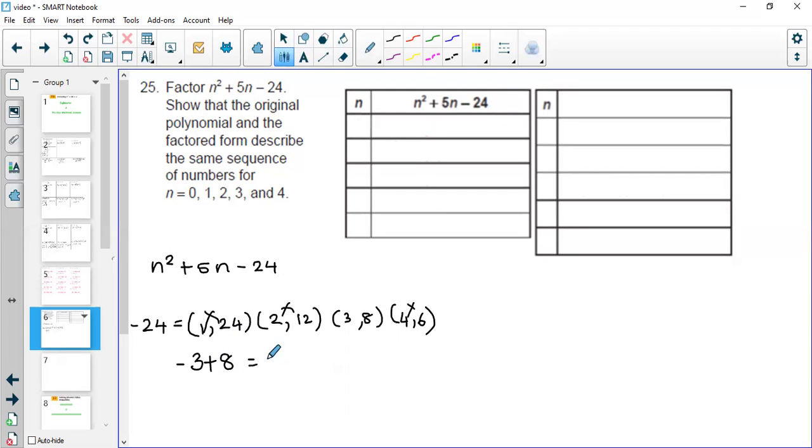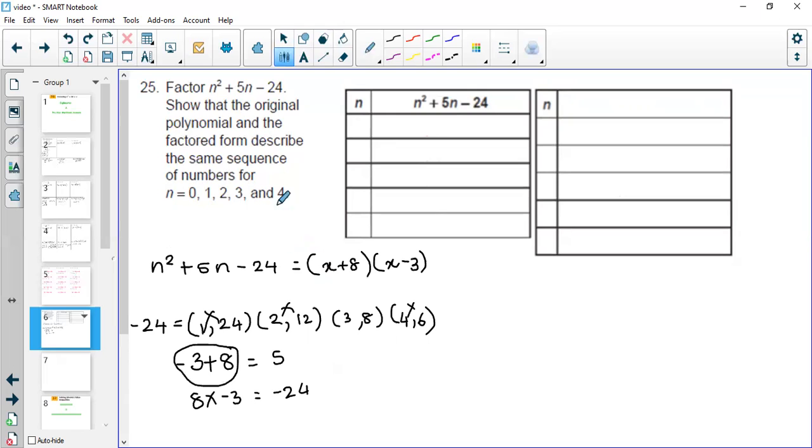So that will give me a 5, positive 5. Now, do you think if we would multiply 8 with negative 3, that's going to give you a negative 24? Yes, that will, because that's the rule. So which means we are going to use this as our factorization. So the factorization for this is going to be (n plus 8)(n minus 3). So we have done our factorization.